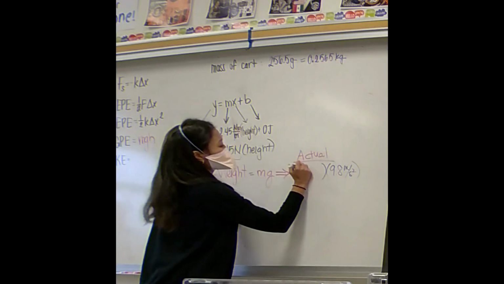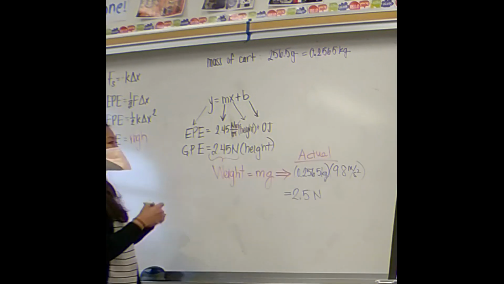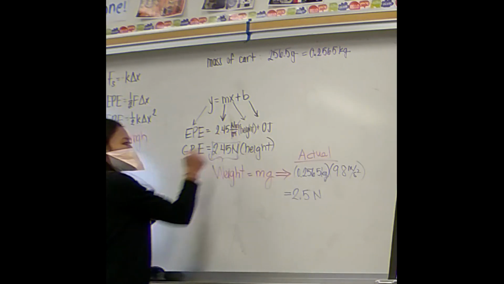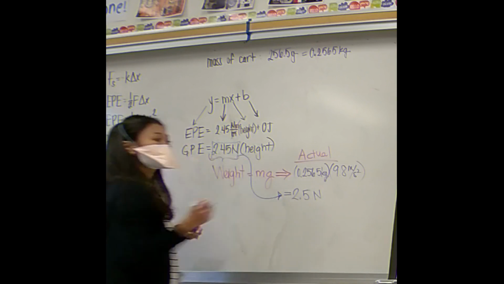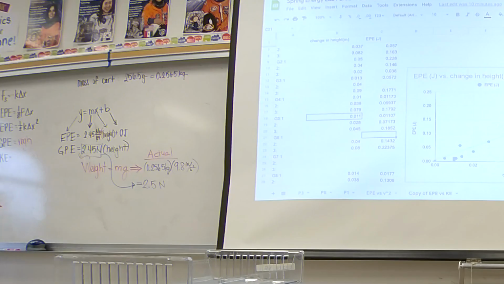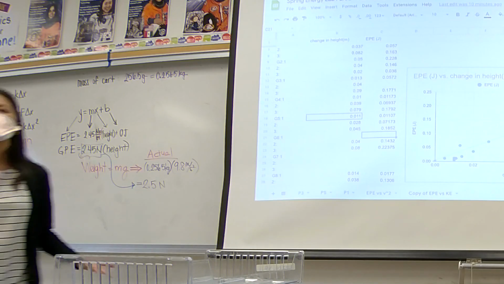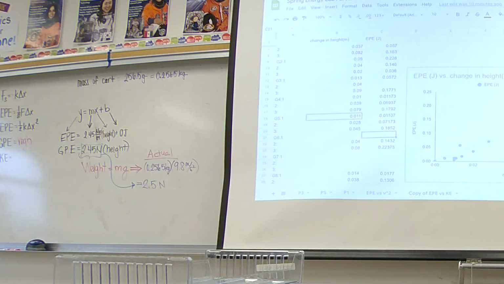Now calculate this value for me. 2.5. Check it out. Our slope and the actual weight are pretty close, right? You already got this equation, but I want you to know where they come from. This is how scientists get these values from doing the experiments you did in class.